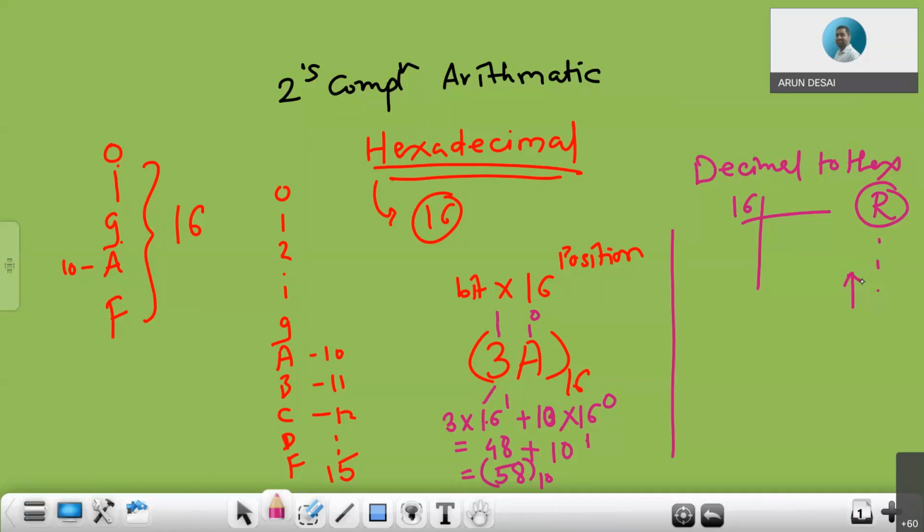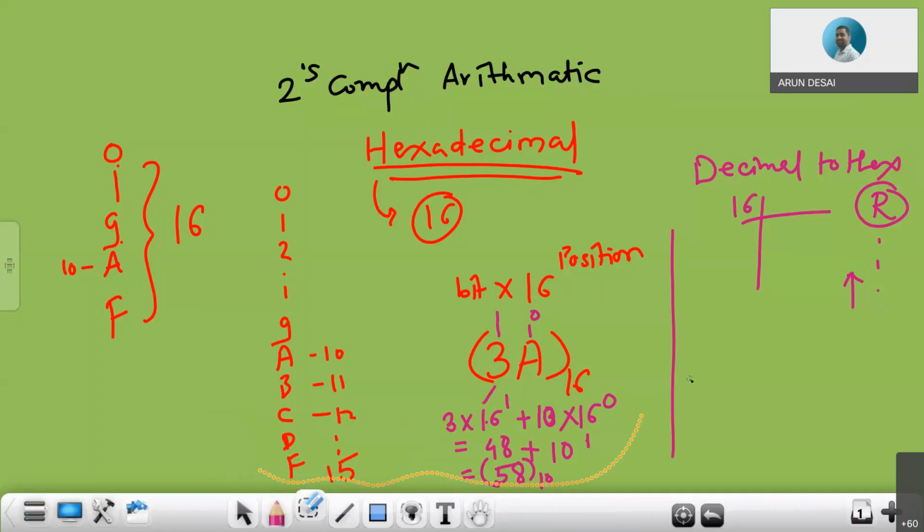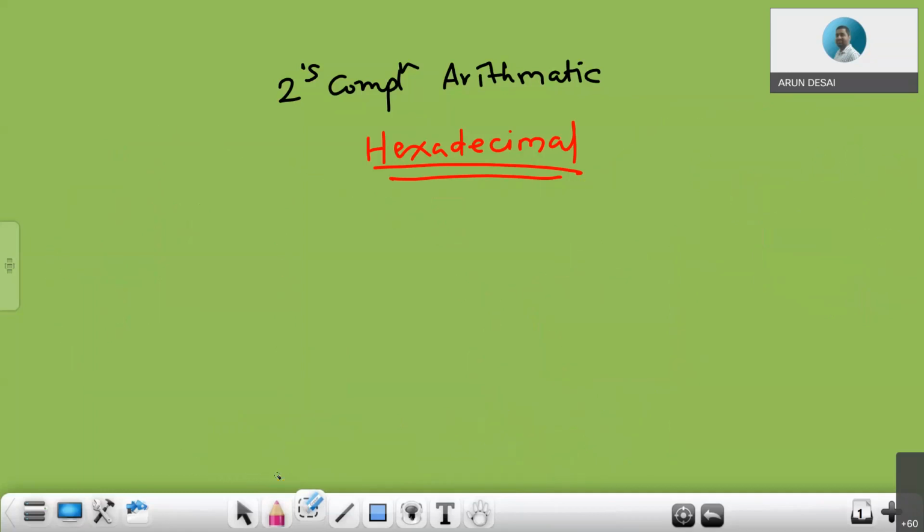And how to convert hex to binary? Yes, grouping.